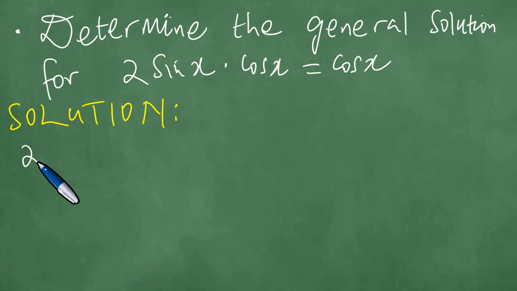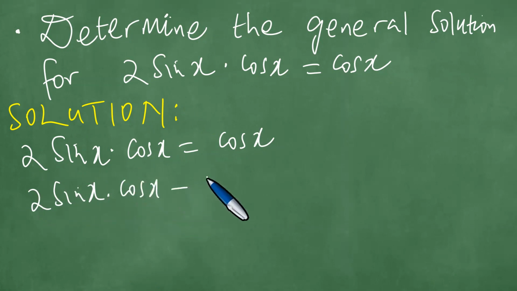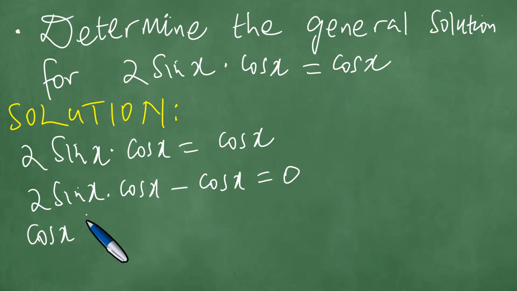Which means you have 2 sin x cosine x equals cosine x. So 2 sin x cosine x minus cosine x equals 0. And therefore, cosine x is a common factor, and we want to find the general solution here.